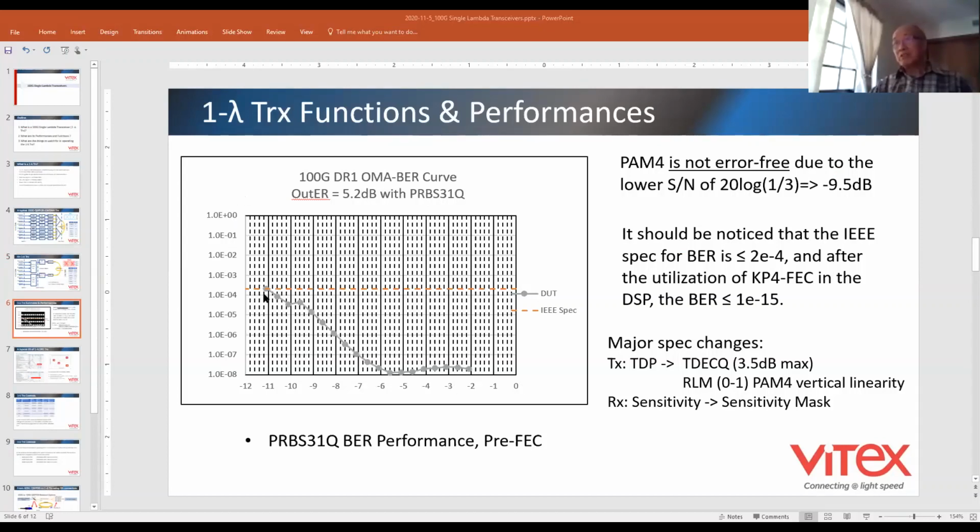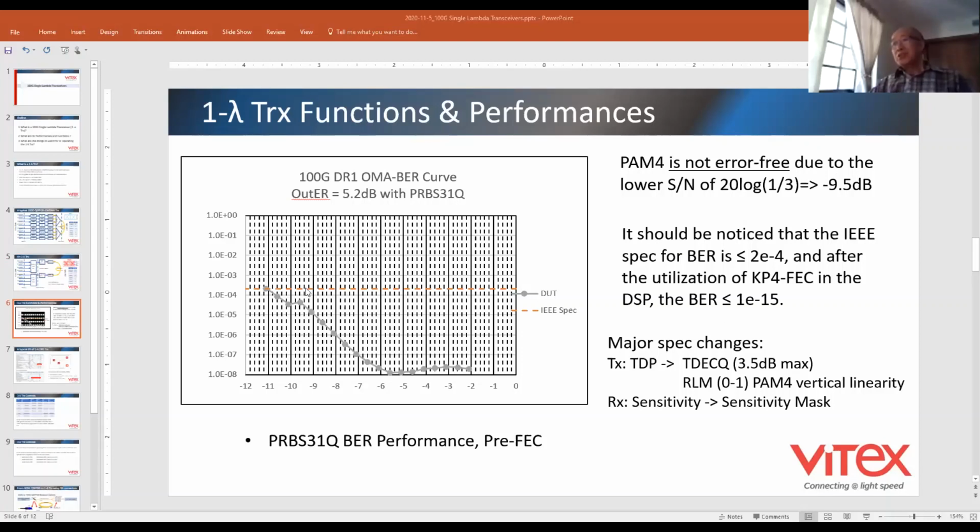Here's the input power. The IEEE spec is right here, at 2.4 e to the -4. Anything below should be okay, because when you turn on the KP4 FEC, not in the host but in the DSP, the bit error rate would be driven down to less than 1 e to the -15, which basically is error-free.